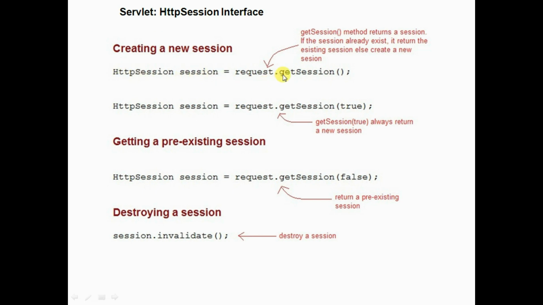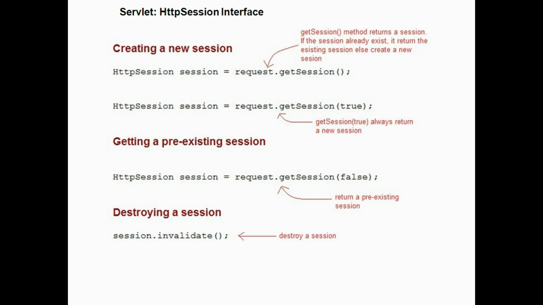By using request.getSession, the method returns the session if the session already exists, or else creates a new session. If you set it as true, then it always returns a new session. If you want to get the existing session, you don't need to pass true, you can directly use request.getSession.